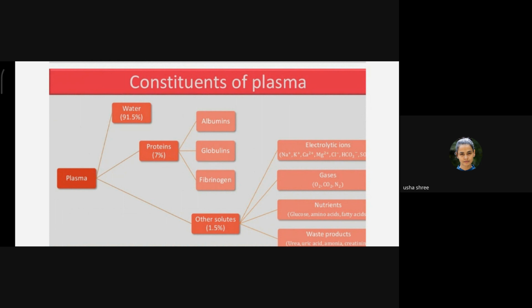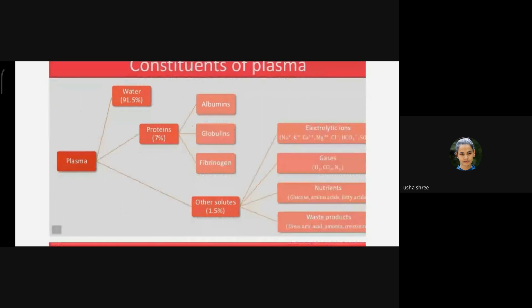Glucose is the simplest form of carbohydrate. Amino acid is the simplest form of what? Protein. Very good, protein. And fatty acids are the simplest form of fat. So carbohydrate, protein, fat are carried in their simplest form through blood only.